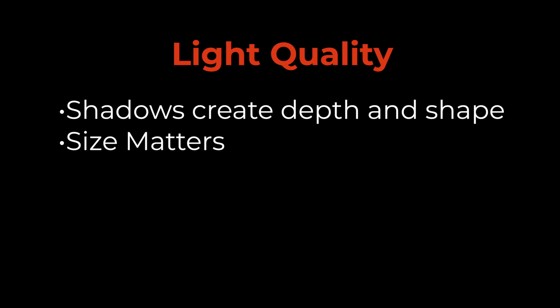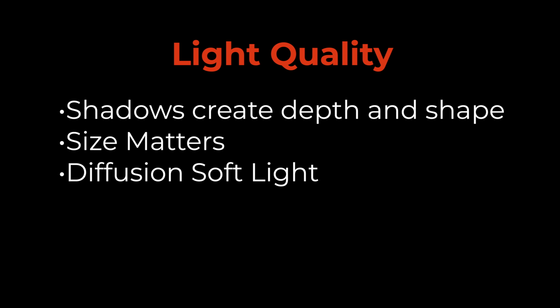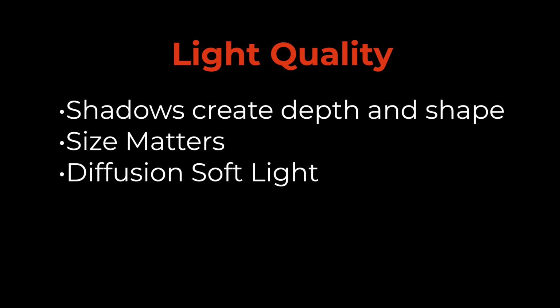Soft light is a large source. And so size of the light source actually does matter. Diffusion makes a small light source larger. And that's very important. And you have to understand how much power it takes away from your light source too.